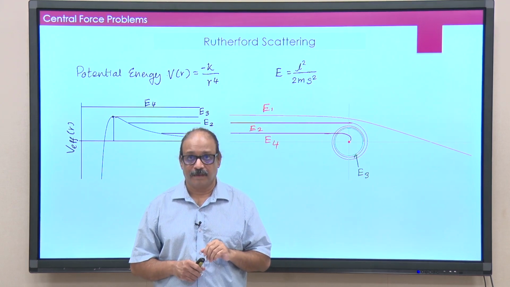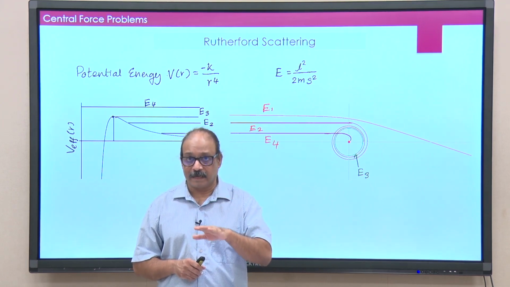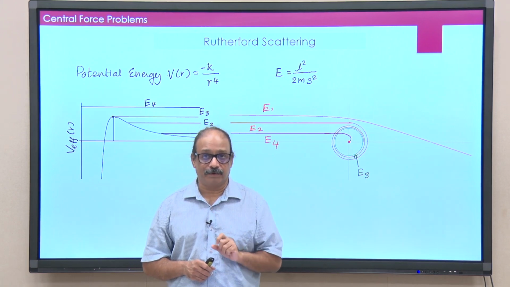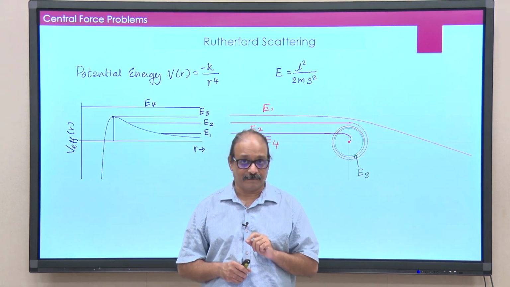But suppose instead of starting the trajectory on the circle there, now I send a particle from infinity towards the scatterer, but with energy exactly equal to E3. What will happen in that case?